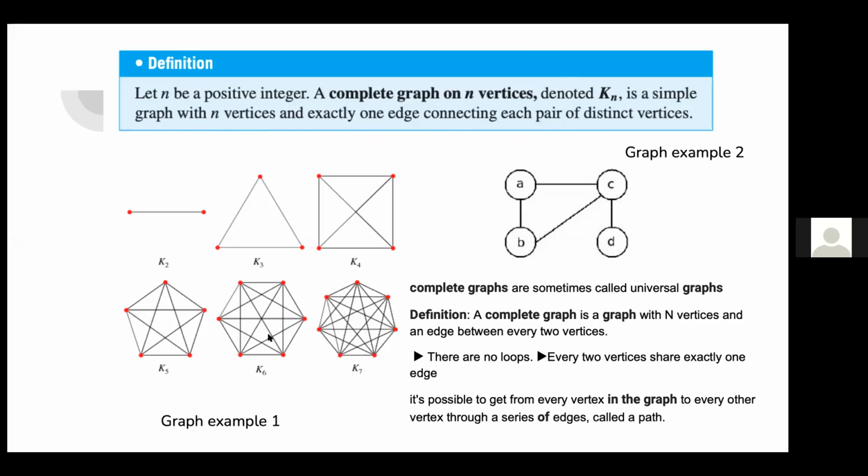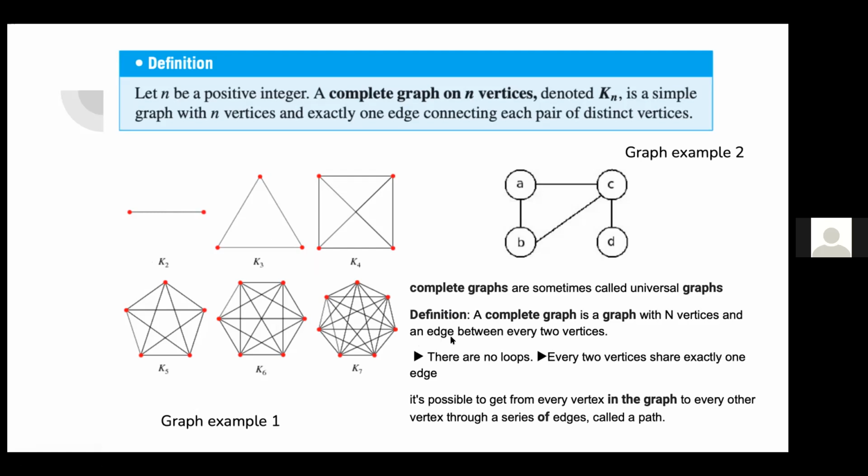If you look at graph example 1, you can see that from every vertex, there's a line between them.